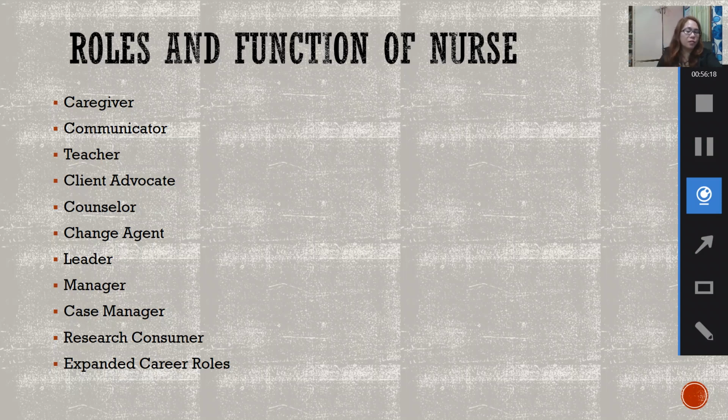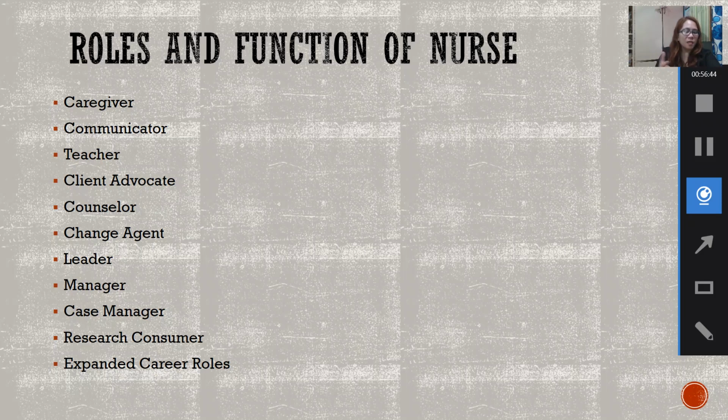So, meron pang another one, as case manager. You have to work with a multidisciplinary healthcare team to measure the effectiveness of the case management plan and to monitor outcomes. So, case manager. So, may hawak ka na isang pasyente. Yung isang pasyente mo, ang sakit niya is complicated. May diabetes, hypertensive, may sakit sa puso, sa bato, or ano-ano pa.